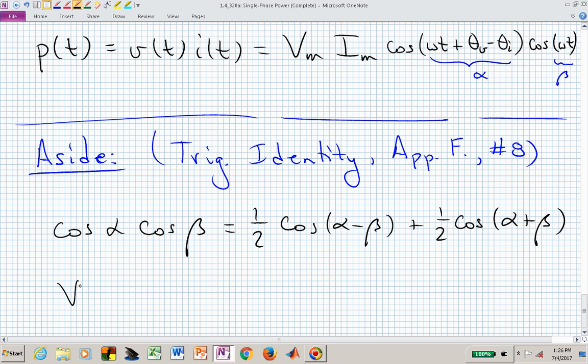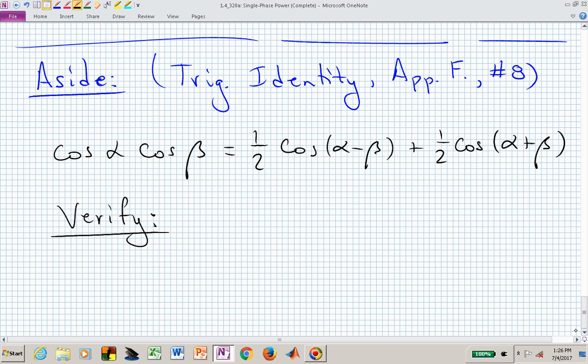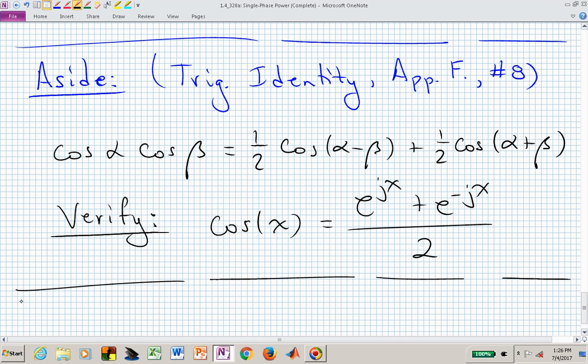If you wanted to verify that, you can always rely on Euler's relationships, using the fact that the cosine can be written as a linear combination of complex exponentials, and verify that trig identity. That's one way to start gaining more comfort with Euler and sines and cosines, but exponentials are a little bit cleaner when we start multiplying them together versus sines and cosines.